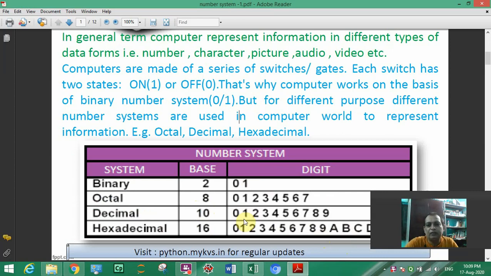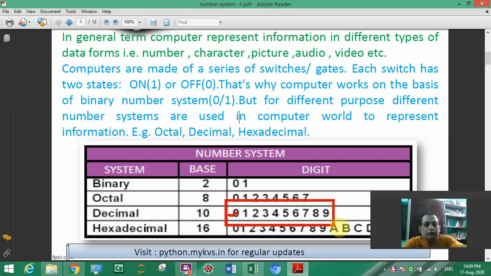In mathematics we call them digits, starting from 0 and going up to 9. These digits give different types of numbers. When one or more digits combine, then it makes a number.